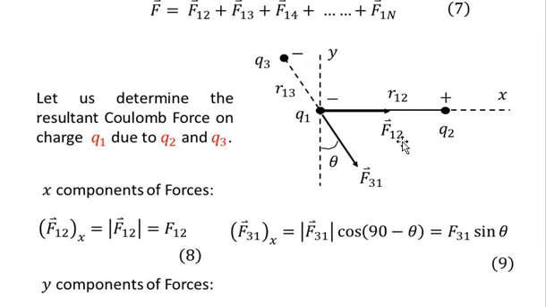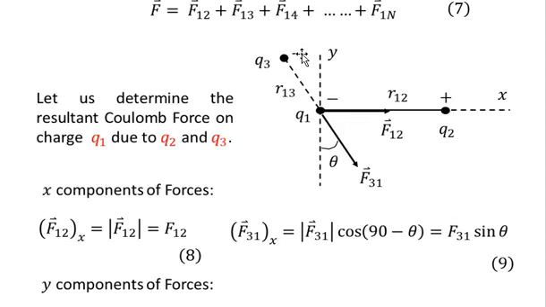That is, how much force is exerted on Q1 by Q2 and how much force is exerted on Q1 by Q3. All the three charges Q1, Q2 and Q3 are fixed in position. Their positions are not changing.